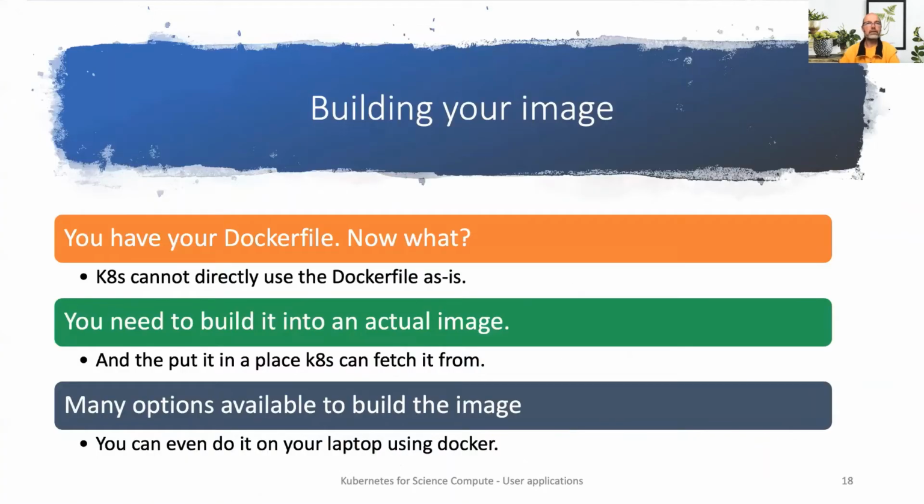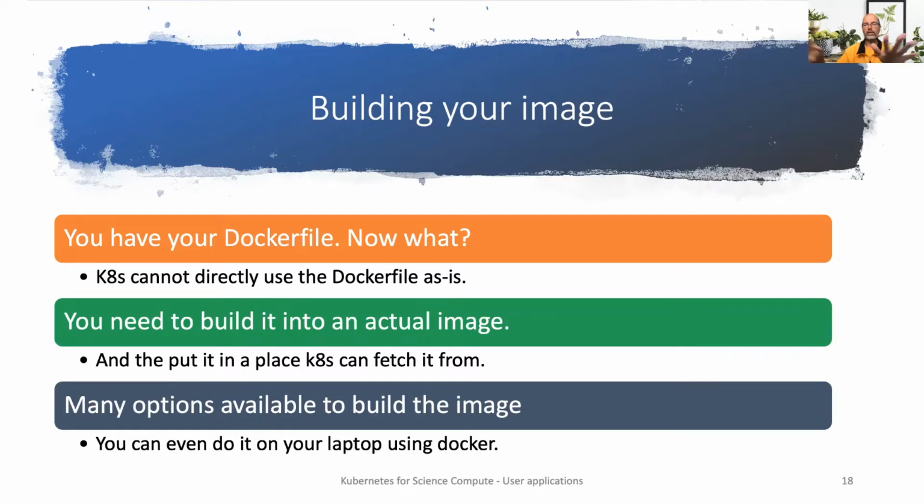Now, the Dockerfile is not the end of it, because the Dockerfile is just a text file. You now need to, let's say, compile it, or like they call it, you need to build the actual image out of the Dockerfile.